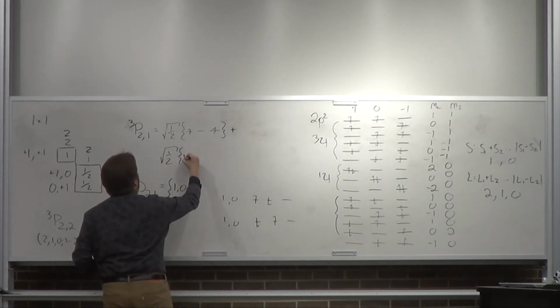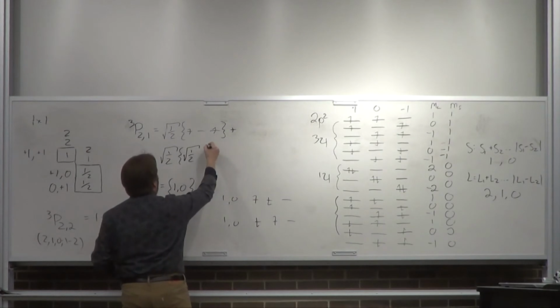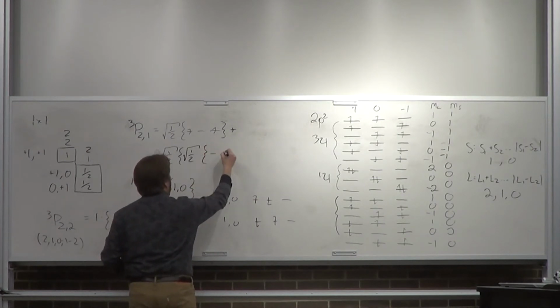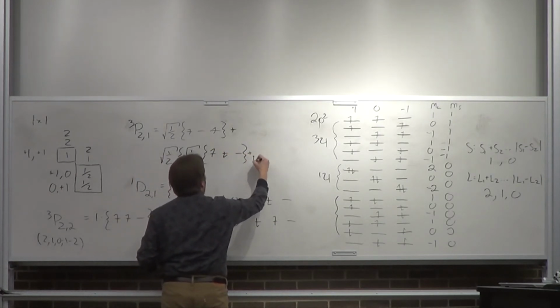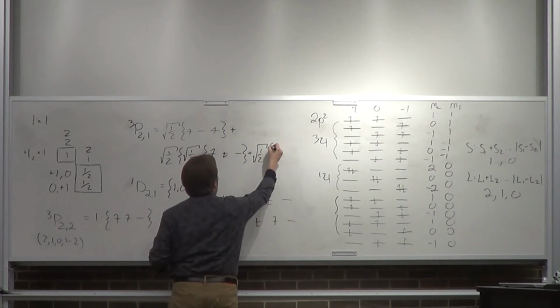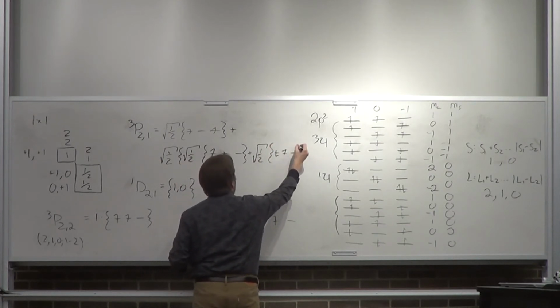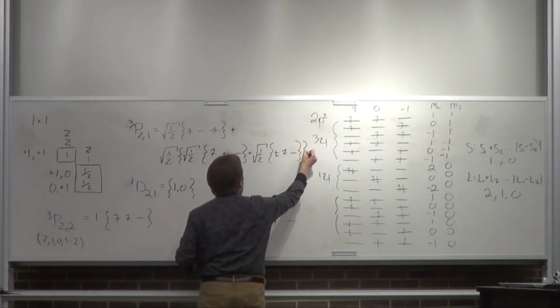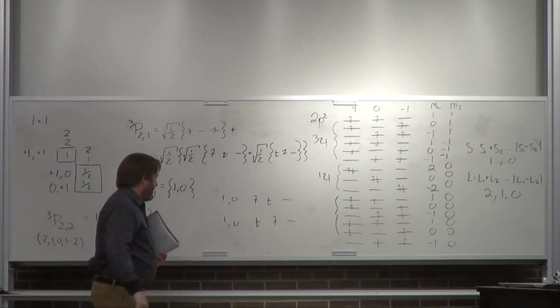Okay. Of course, with the half, right, with square root. So I'm going to do 2 plus this triplet. There we go. See, you have to add the S's first.